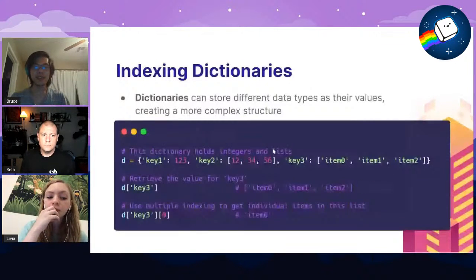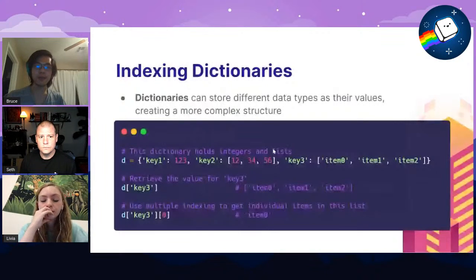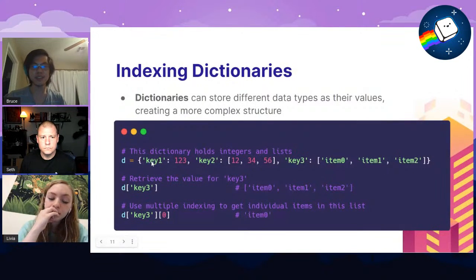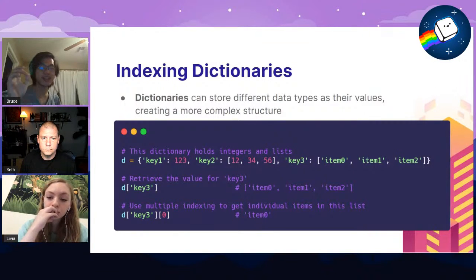With dictionaries, it might look like there's an inherent order to it. It might look like key 1 comes before key 2 and key 3. But if you look at the computer's memory, there is no order to it whatsoever. The only thing that matters with a dictionary is that 1, 2, 3 is associated with key 1, and the list 12, 34, 56 is associated with key 2. There's no order. The only thing that keeps it organized is these associations between keys and values.